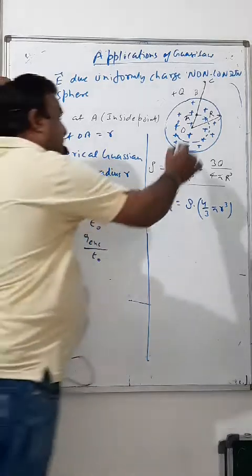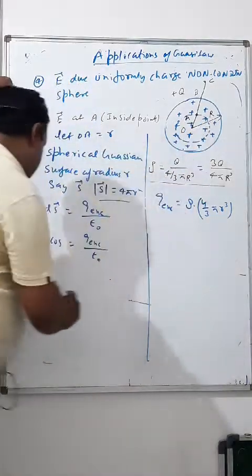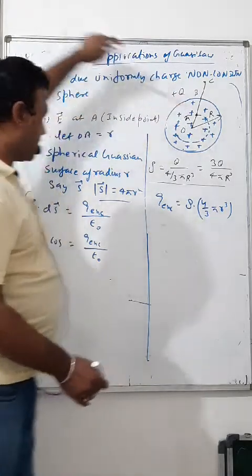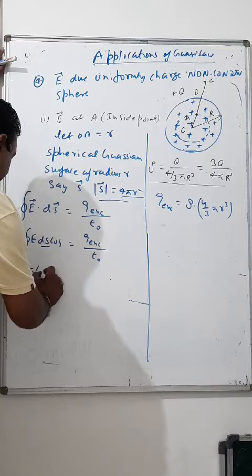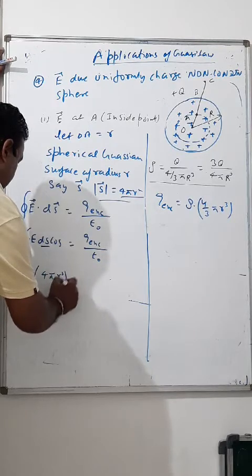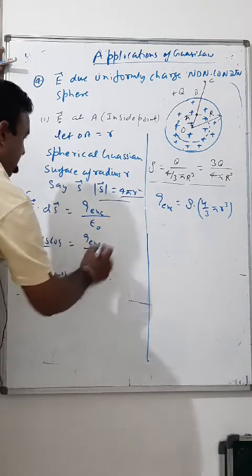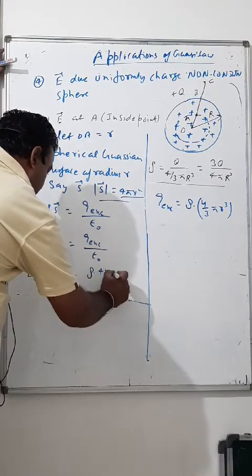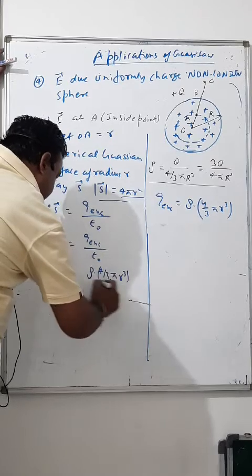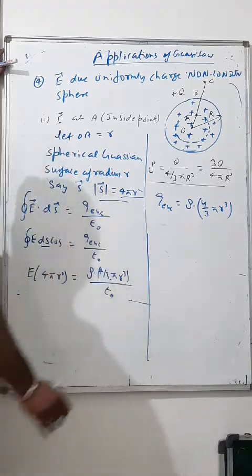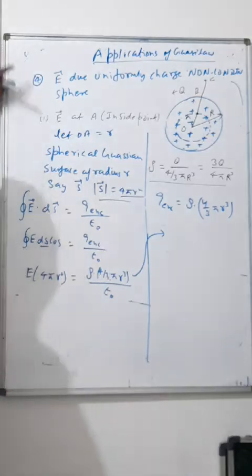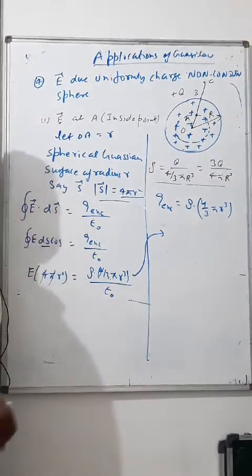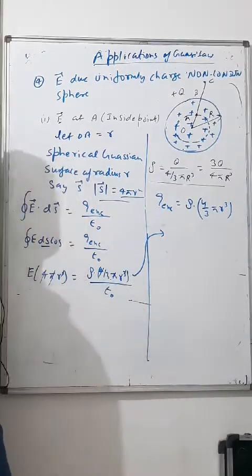Now, another point: these distances are r, so E is the same everywhere. Integration of dS gives the area 4 pi r square, so E times 4 pi r square is equal to q enclosed, rho times 4 by 3 pi r cube, upon epsilon naught. Look, 4 pi cancelled, r square cancelled.